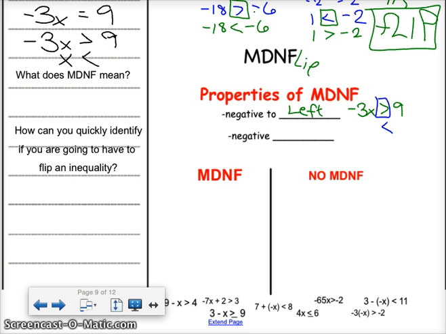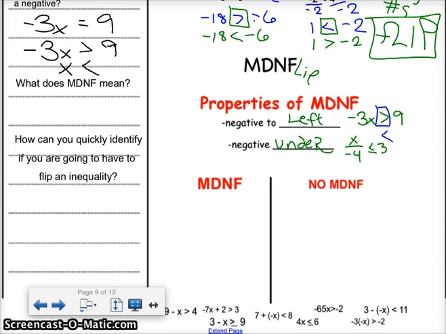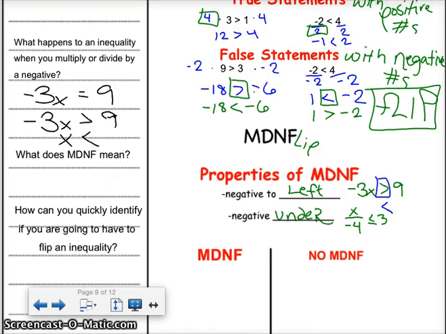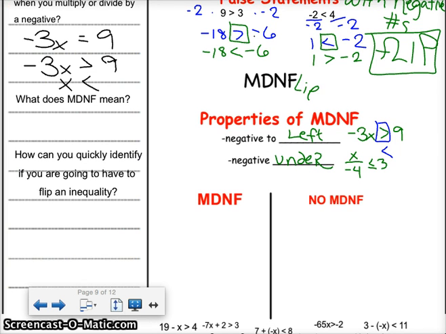And then if the negative is under, like x over negative 4 is less than or equal to 3, I would multiply through by a negative. If you remember, when I multiplied through by a negative, I got a false statement. So in order to turn it into a true statement, you have to flip the inequality.